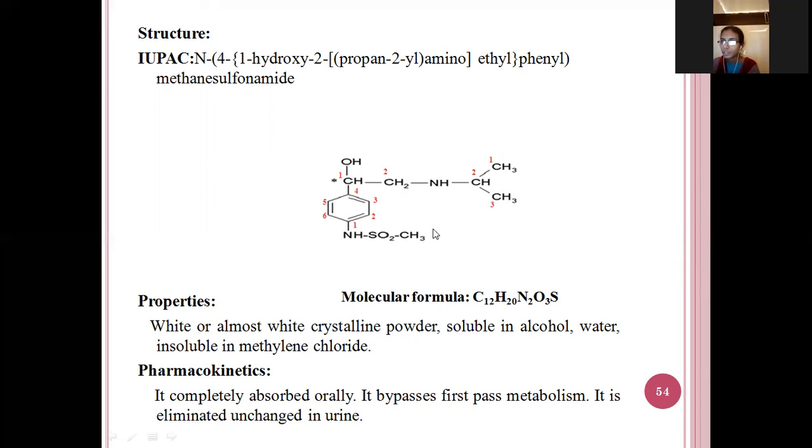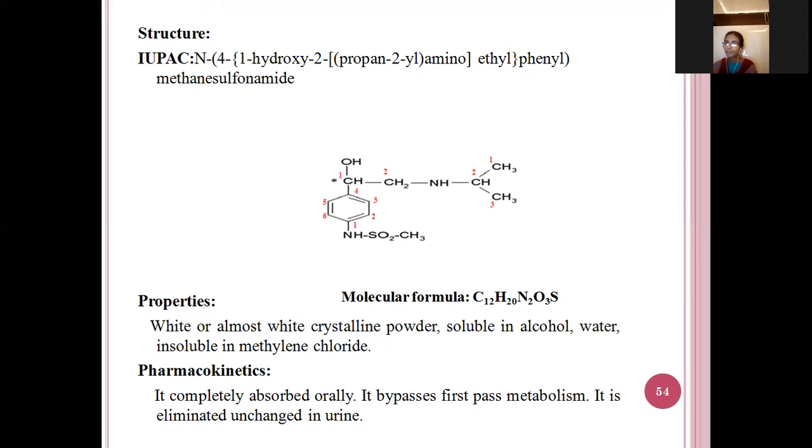This is the methane, and this is a sulfonamide. So this is the structure and IUPAC name.